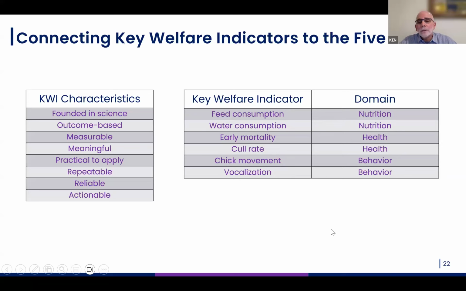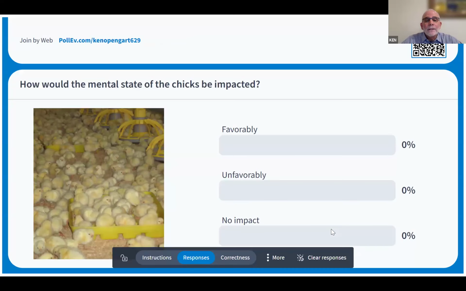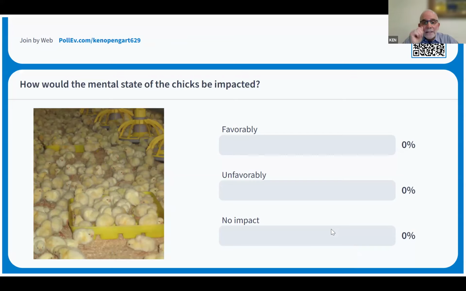This is pulling the animal welfare framework of the 5 domains together with key indicators to show that if we have opportunities with feed consumption and water consumption, it does negatively impact the nutrition domain. And there are things that we can do to change that and improve that. That's the opportunity.